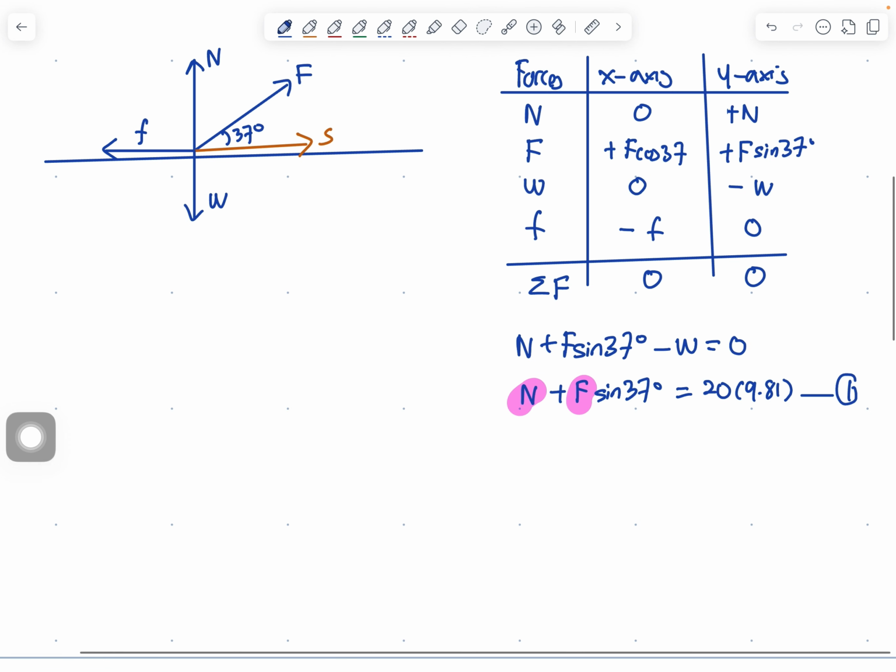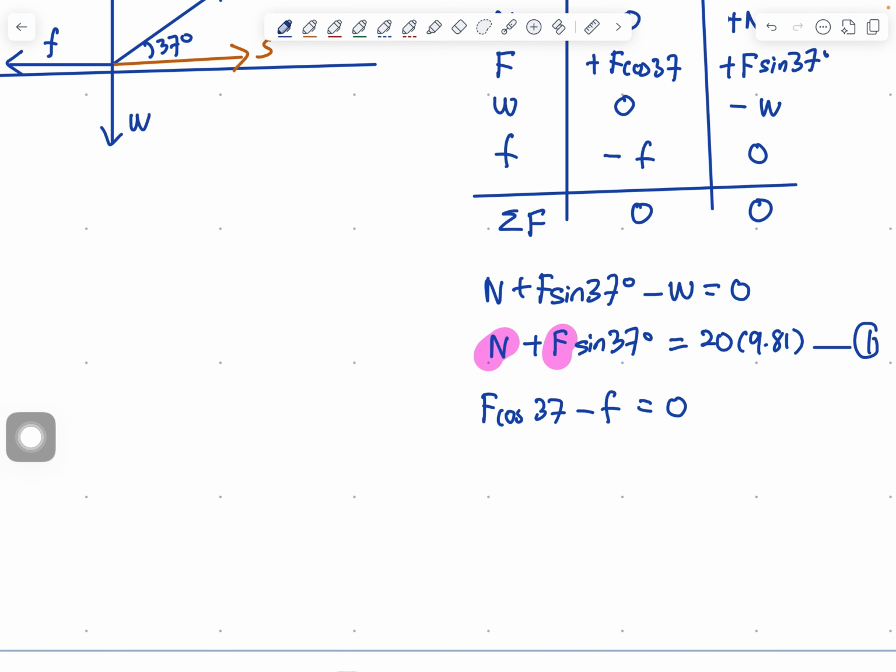Once we're done with the y-axis, now we proceed with the x-axis. I'm going to construct another equation, which is F cos 37 minus frictional force equals 0. Rearranging the equation, I can expand the frictional force, so I'll end up with negative mu N plus F cos 37 equals 0.